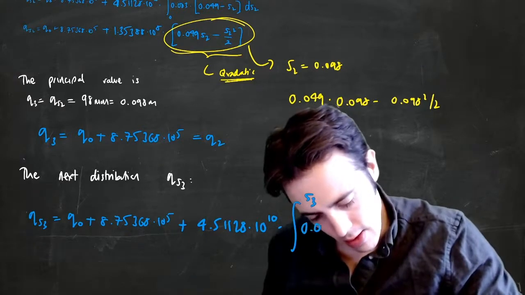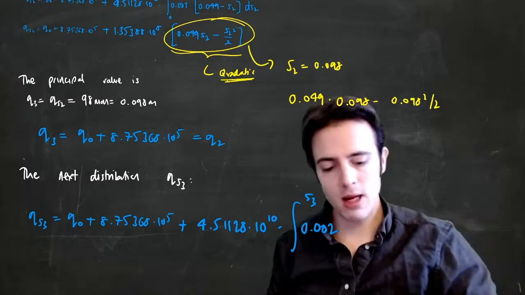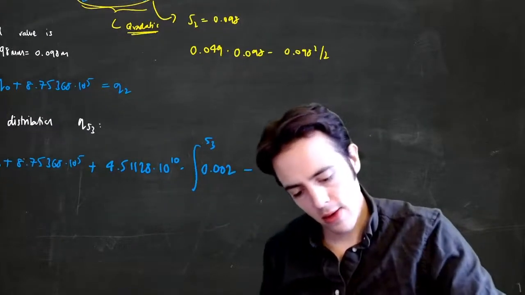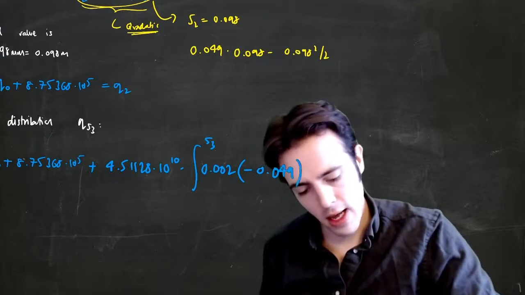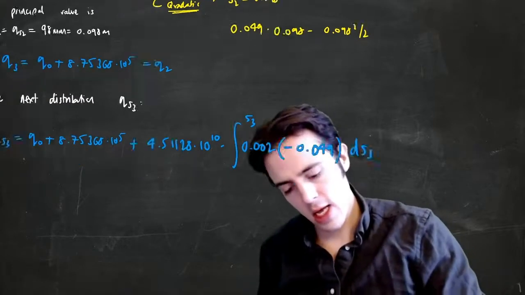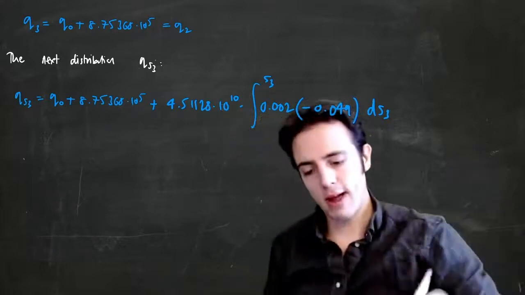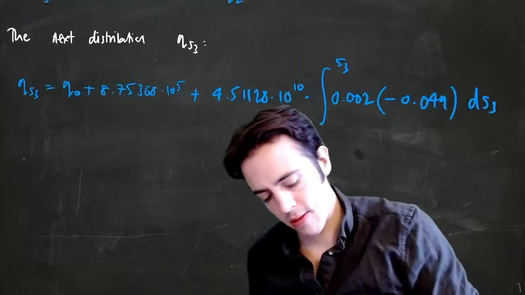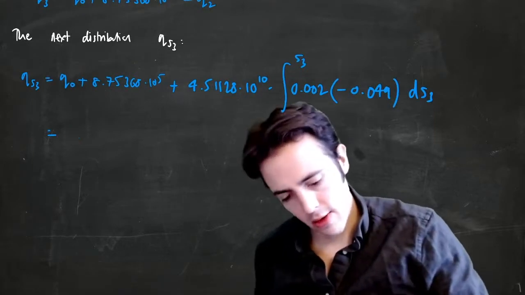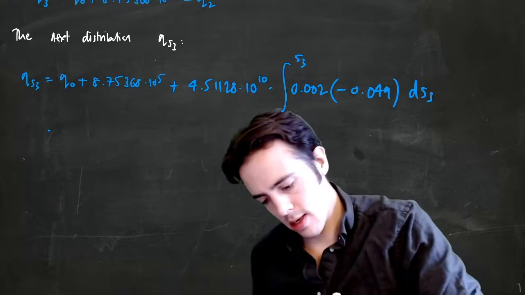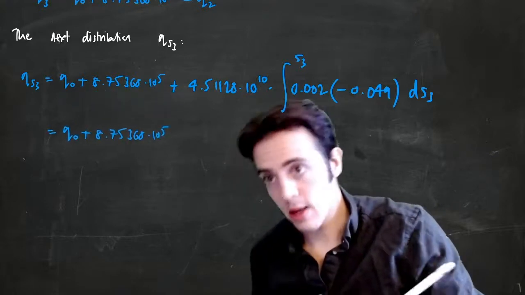So 0.002, and the y displacement is minus 49 millimeters, so that's minus 0.049 here, ds3. So we can again multiply that by that by that and stick an s3 on the end, and that gives us our distribution. Cute. So let's just copy those two down because I'm lazy. There we go.